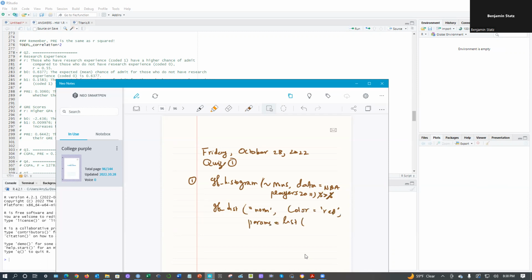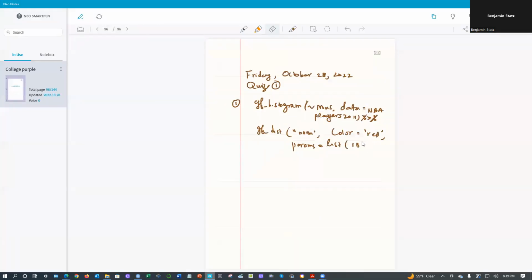How do you find the mean? You can find it two ways. I'm going to call this one means. What's the name of the variable?